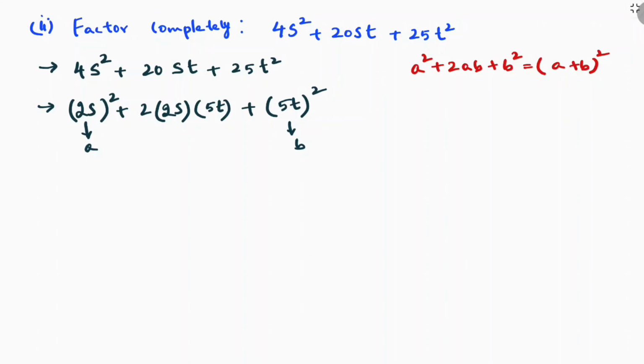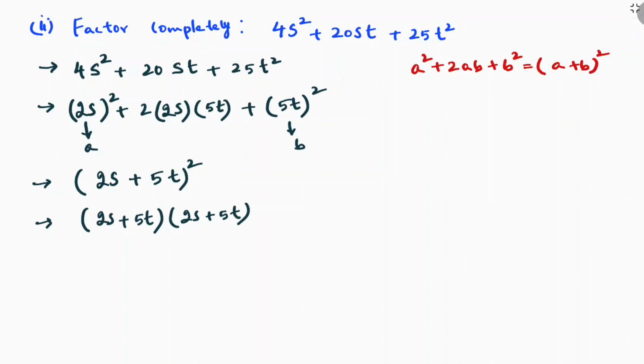Now we need to check whether we will get 20 or not. 2 times 2 is 4, 4 times 5 is 20. Perfect, 20st, and here also 20st. So I can write it as (2s plus 5t) whole square, or you can write it as (2s plus 5t) into (2s plus 5t).